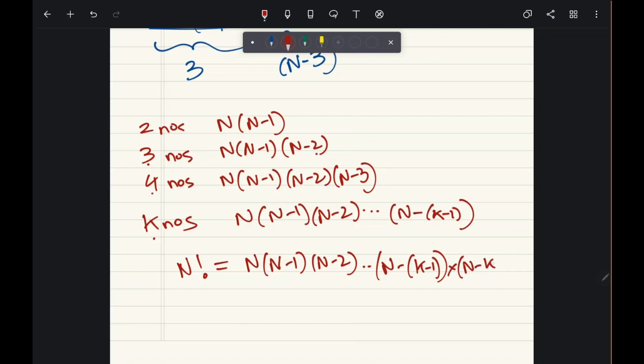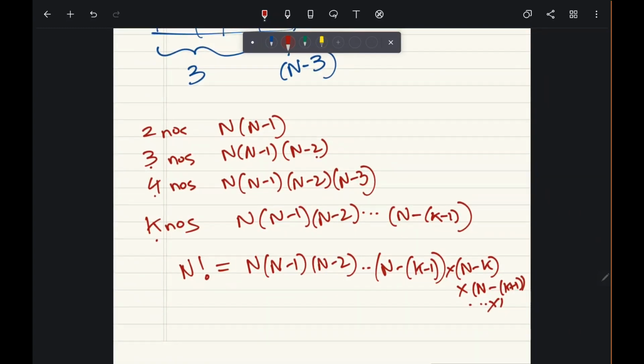N minus k into n minus k plus 1, and it goes all the way up to 1. That is n factorial. So basically, if I combine this one over here, these terms over here are basically n minus k factorial.